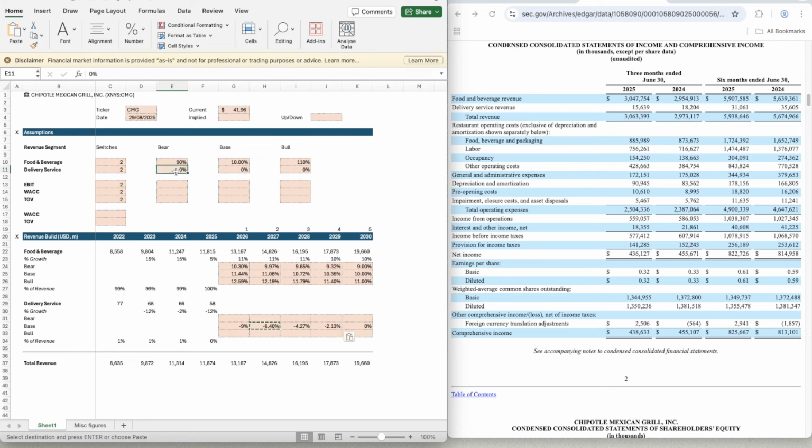Okay, well, let's give it a bear. We actually have to do this the other way around, because the bear needs to be 105% because it's a negative number. And now this is how we'll be able to calculate.